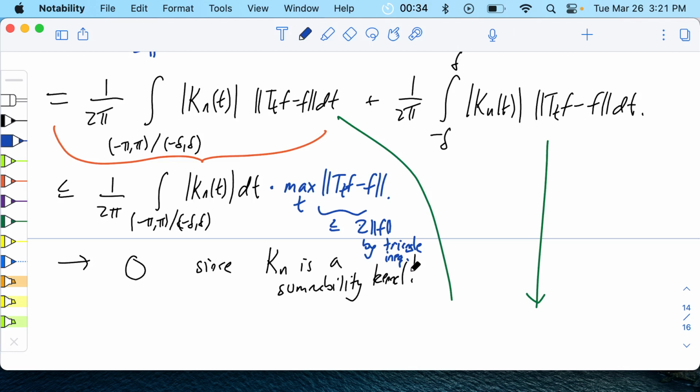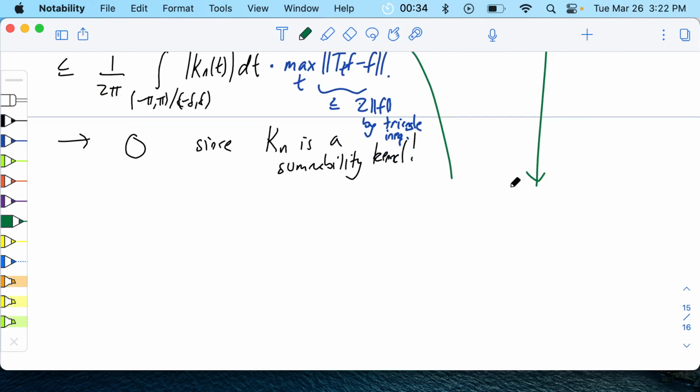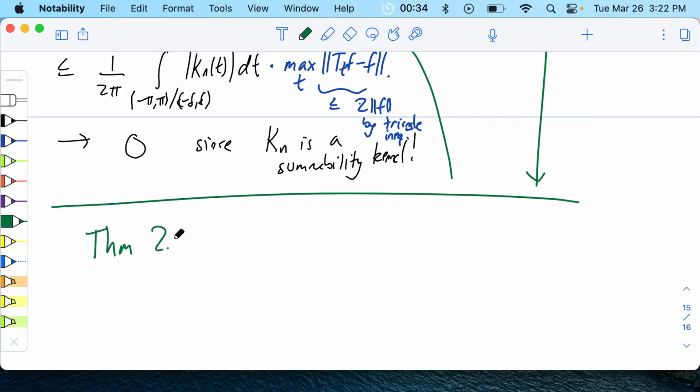How are we going to deal with this one? Well, in this one, the kn is not going to help us at all. We're just going to throw away the kn, and we're going to use the fact that tt of f is close to f. There is a fact, and this was a lemma way back in our Lebesgue integral days. What lemma is it? Oh yeah, theorem 2.4.3.